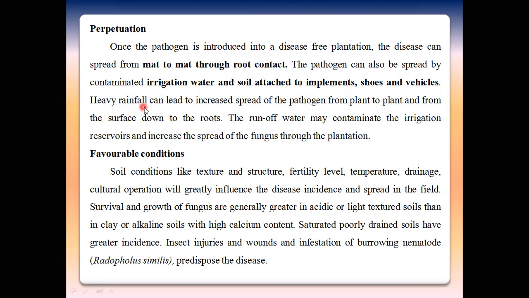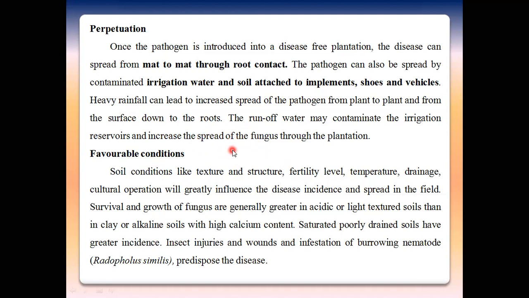Heavy rainfall, generally seen in banana fields, increases the spread of the pathogen, because these chlamydospores are always present in the soil. These chlamydospores and infected plants having the spores may be disseminated from one plant to another and reach long distances.